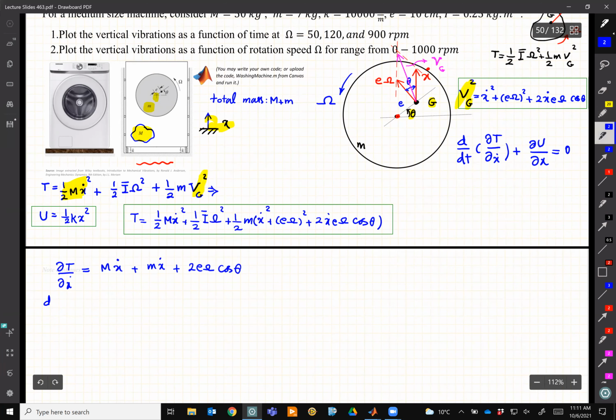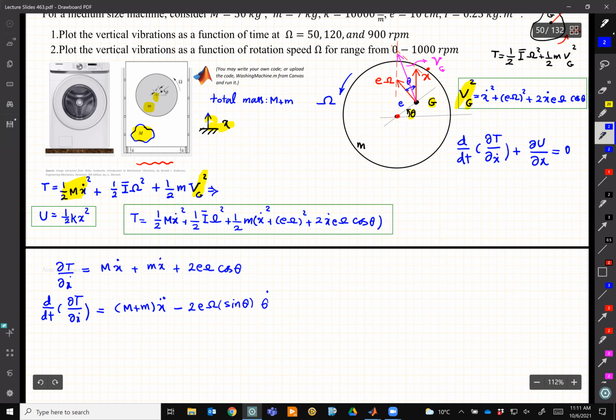Now let's take the derivative of these things with time. What it gives me is m plus m, x double dot, right? With respect to time, now I have to deal with minus 2 e omega sine theta multiplied by theta dot.